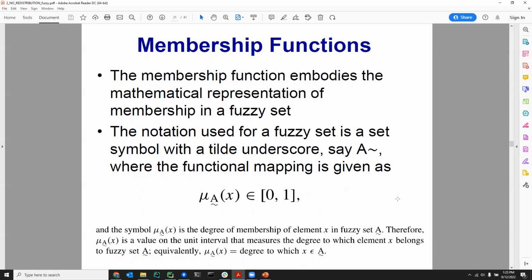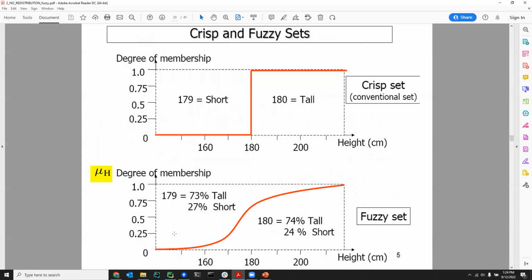We've already seen some visualizations of membership functions, but to give some more concrete definitions, this is the function that embodies the mathematical representation of membership in a fuzzy set. So if we go back one slide, this membership function is describing your membership. Actually, in this case, it should only say tall. You know, we're measuring the membership in the tall set.